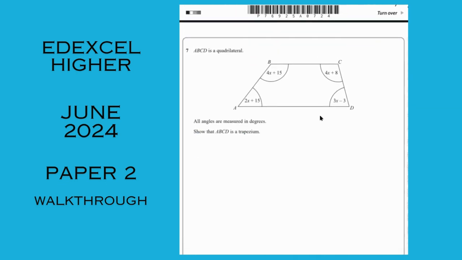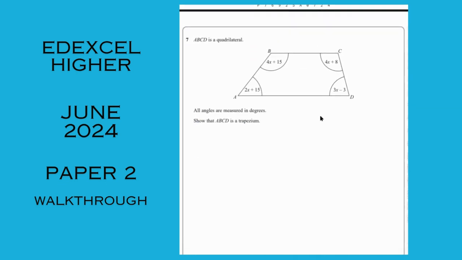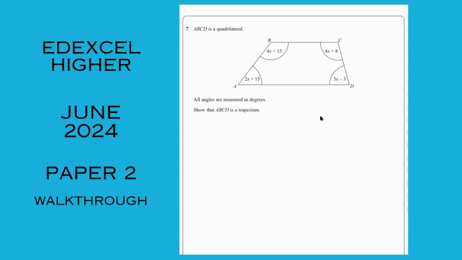Home we go. So number 7, setting up and solving. So as you can see, it's a quadrilateral. So as soon as we see quadrilateral, we know that the angles add up to 360.